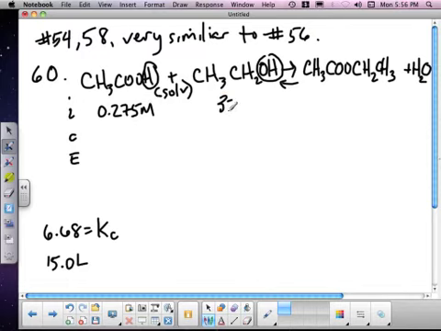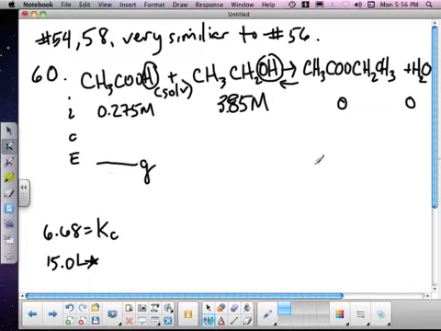At equilibrium, how many grams of ethyl acetate? One little tricky bit is that you are not going to use this volume until the very end. We are going to set up our ice table, put it in the equilibrium expression, and get a molarity out for the ethyl acetate, that would be this one, not the acetic acid.